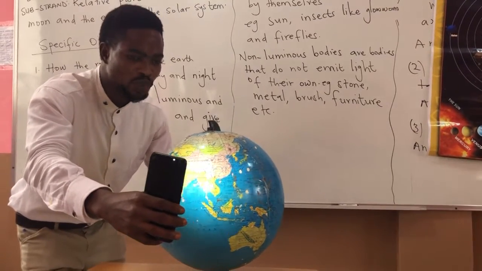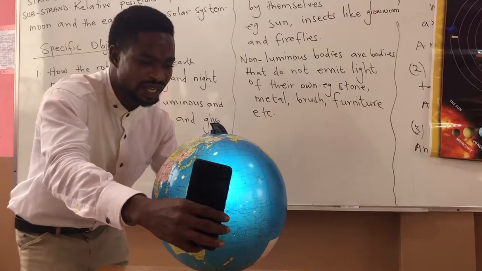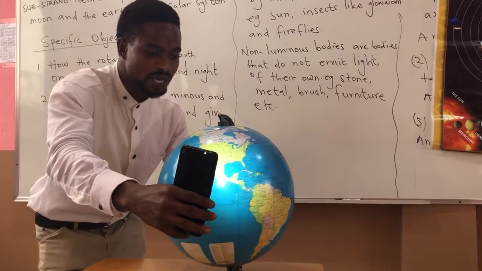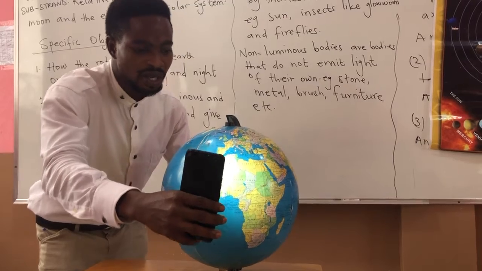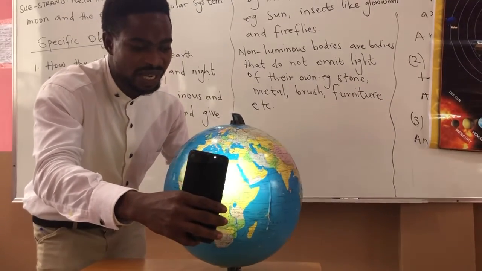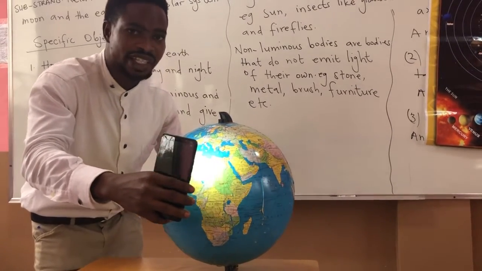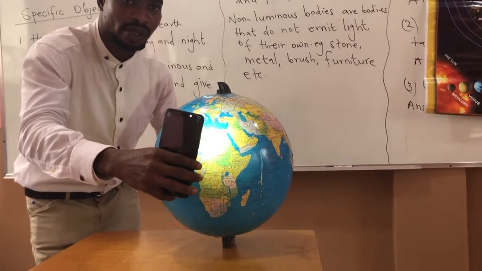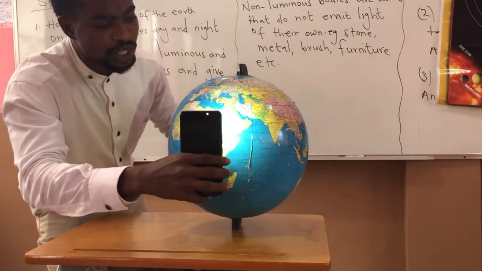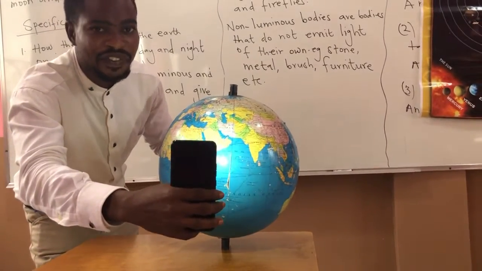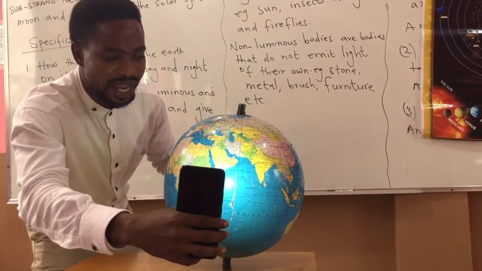Now I am going to spin this. You can see that yes, it is rotating on its axis. Now what you saw initially has rotated to the opposite side. So other countries in the world on this globe receive day.